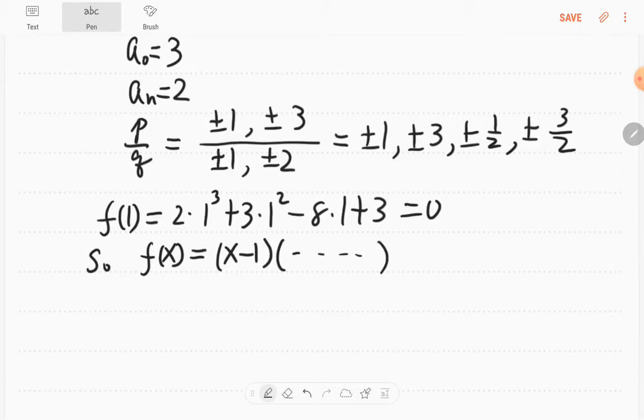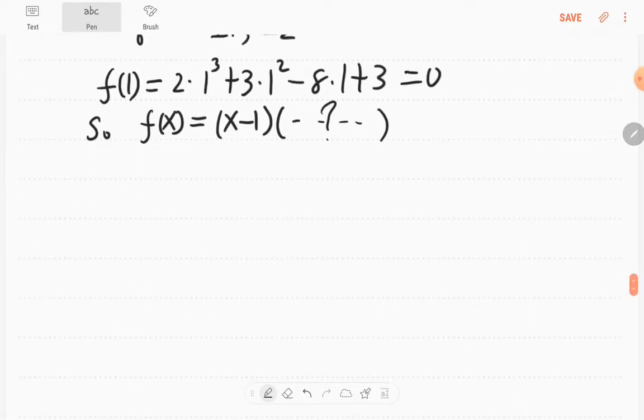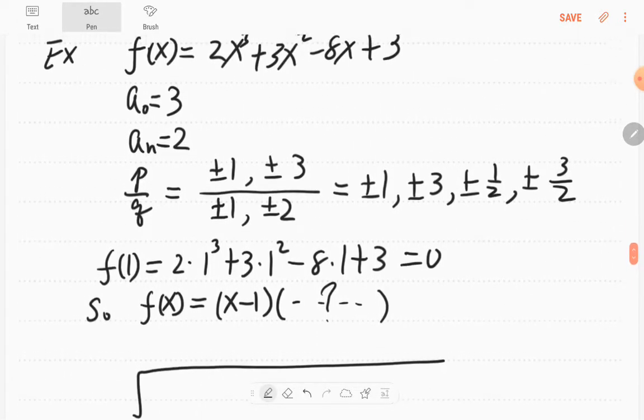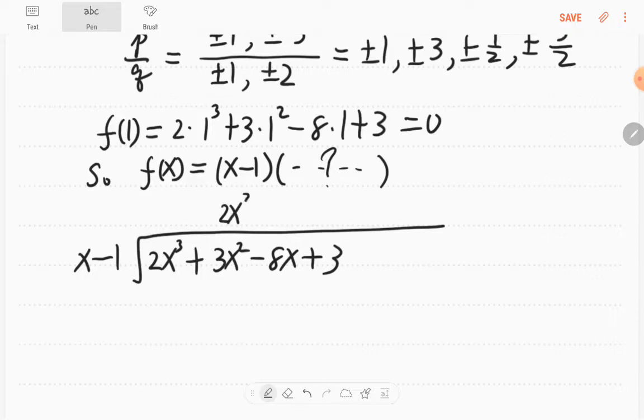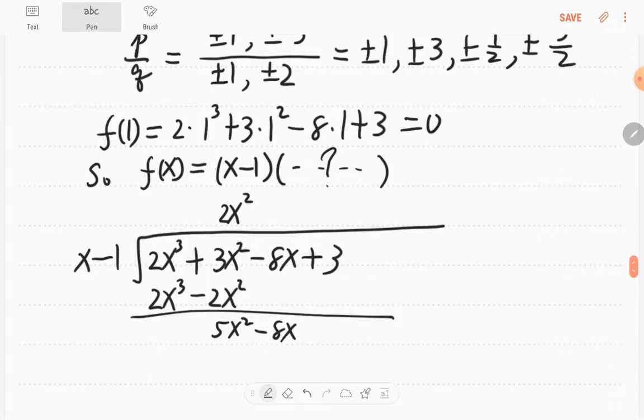So now we want to know what is this part. What we should do? We just divide by x minus 1, right? We do the division. So we use long division. Okay, so this is 2x cubed plus 3x squared minus 8x plus 3 divided by x minus 1. So this would be 2x squared. So this is 2x cubed minus 2x squared. So this is 5x squared minus 8x. So we have plus 5x.